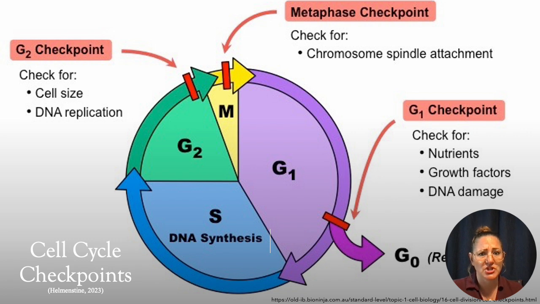Here, some refer to this checkpoint as the spindle assembly checkpoint. During the mitotic phase, metaphase is specifically where this checkpoint resides. So remember, this comes after the prophase portion of mitosis. This ensures that the chromosomes are properly aligned and attached to the spindle fibers, hence the name, the spindle fiber checkpoint.